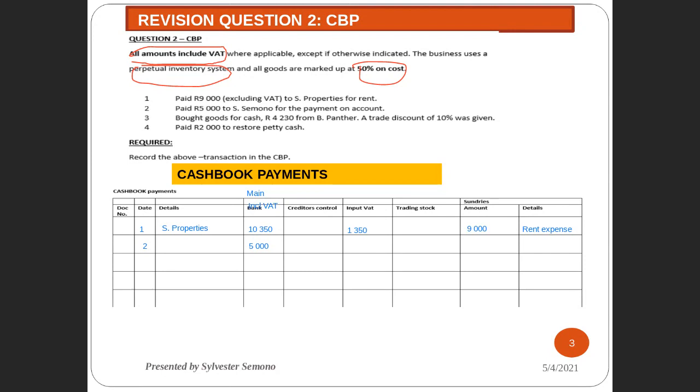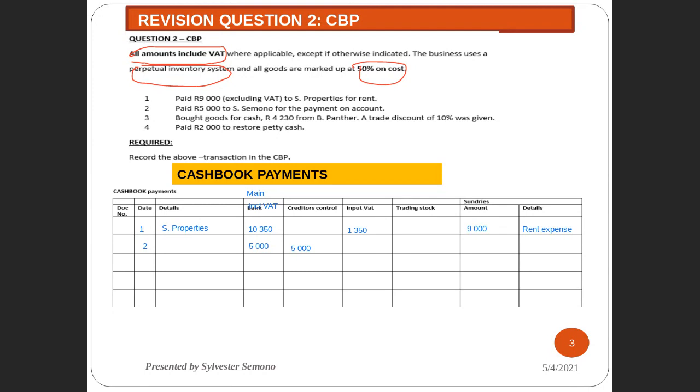Perfect, under creditors 5,000. Where else must I record? Thank you, Isabella, for that. Where else must I record, or have I finished?